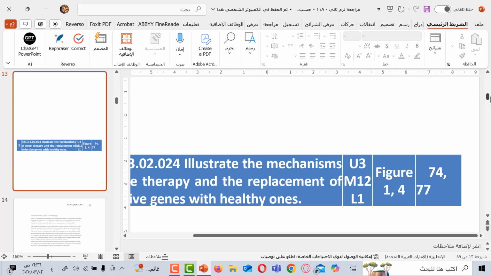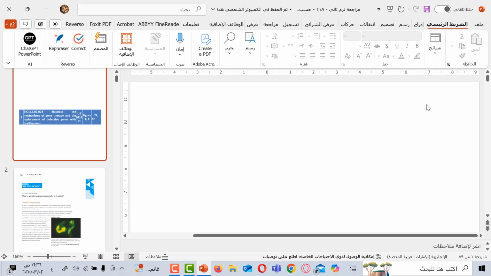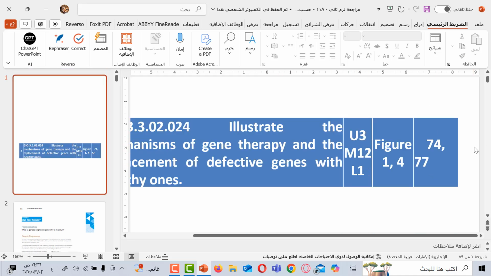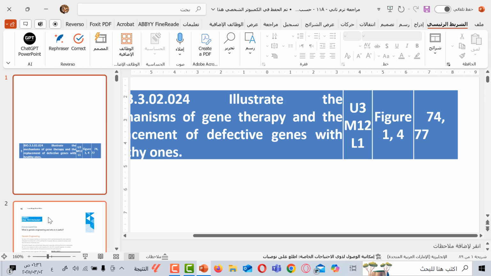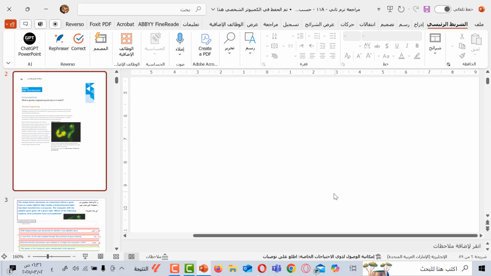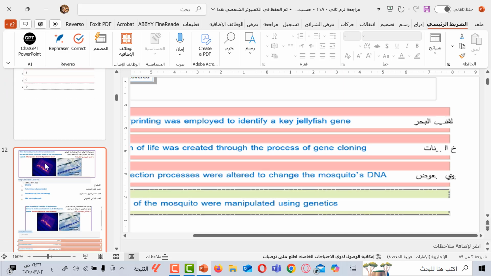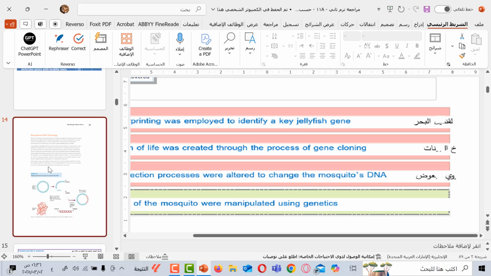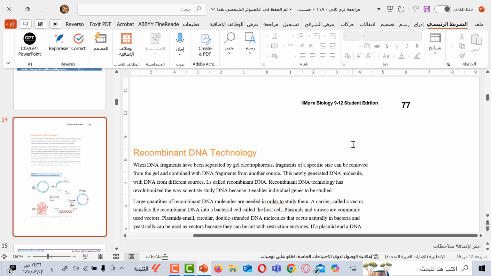Okay, the first slide here, you will see the same figure and same pages, so I put page number 74 and this is page number 77. Where is 77? This is 77.